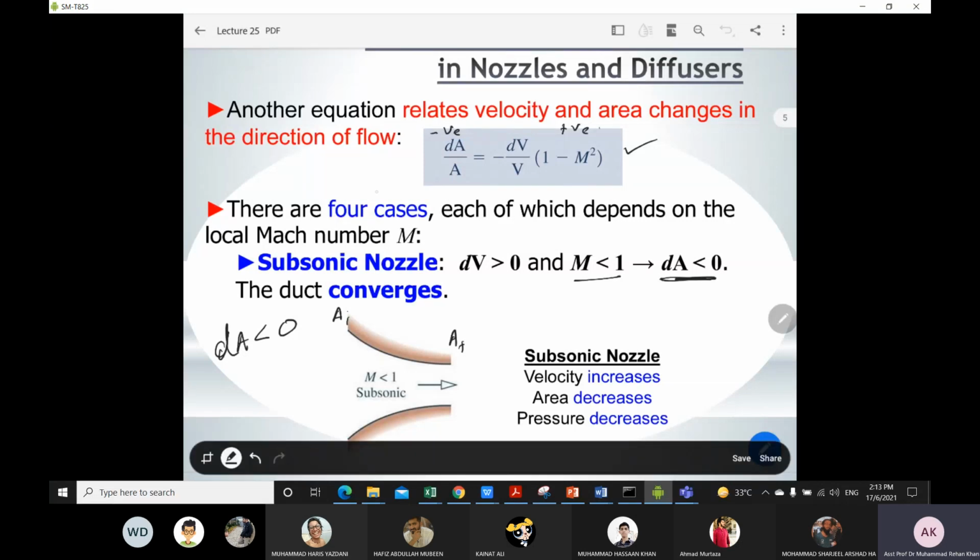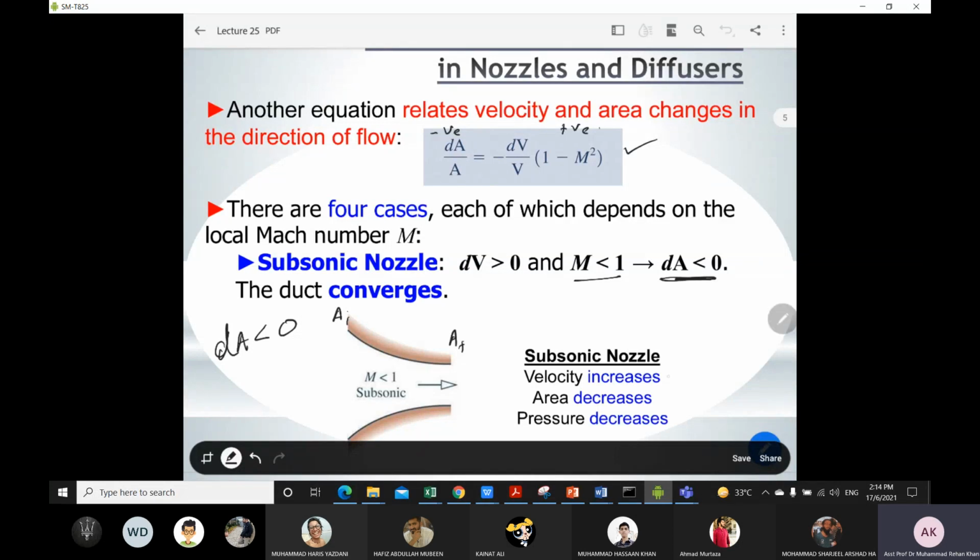Okay, and then from this relation negative negative cancel and dv becomes positive, so it means dv is greater than 0 for the case of subsonic nozzle. So from this equation we can easily find out that your velocity increases.